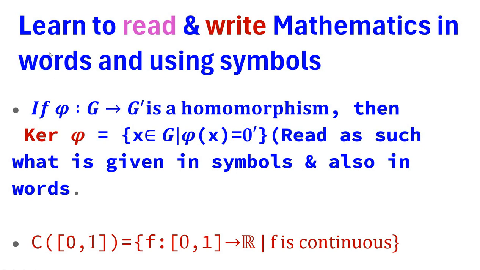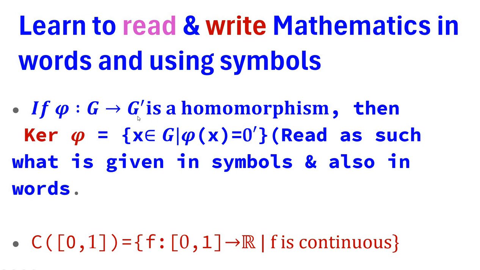Now, we need to learn to read and write mathematics in words and also using symbols. There is a concept called homomorphism, where G and G prime denote groups, because between two algebraic structures, if you have a mapping, you can check for homomorphism, that is, whether the structure is preserved.